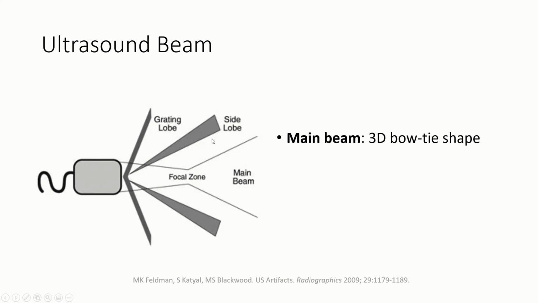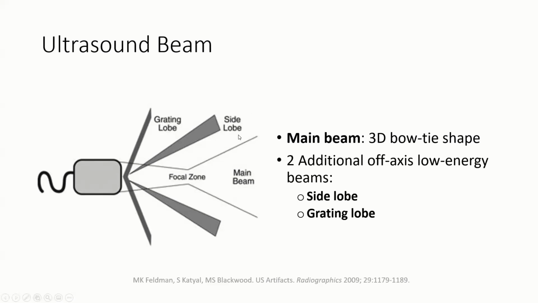The other, minor beams include the grating lobe signal and the side lobe beam, so 2 additional off-axis low energy beams. Mainly the image is made by the main beam, not from those.